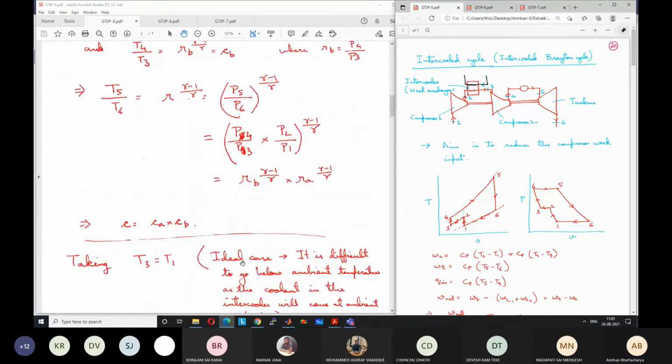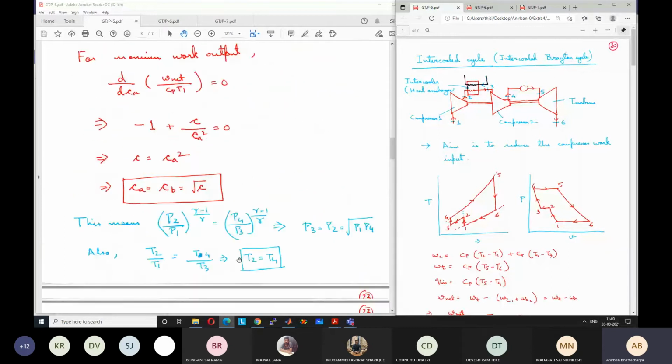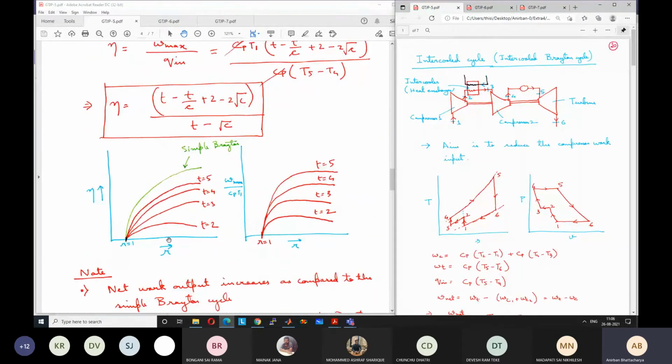I will show them again today, but we have seen that the efficiency is less than the simple Brayton cycle, but slightly higher than the reheat cycle. This is because the changes occurring on the low temperature side are lower compared to the changes on the high temperature side, because of the divergence of the constant pressure lines.